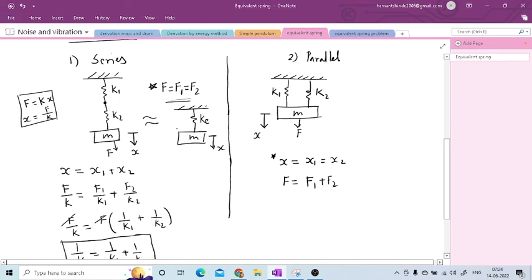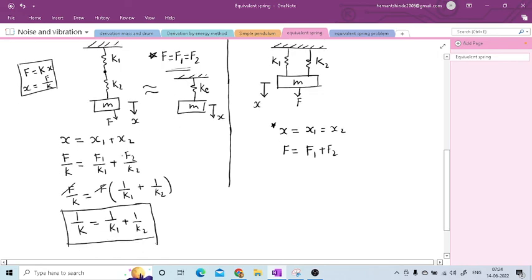The formula for the equivalent spring is 1 by K, where this K is nothing but the equivalent spring stiffness. So 1 by K is equal to 1 by K1 plus 1 by K2. Now suppose there are 5 springs. We can write 1 by K1 plus 1 by K2 plus 1 by K3 plus 1 by K4 plus 1 by K5. So you can write for n number of springs. This formula will provide you the equivalent spring stiffness for series combination.